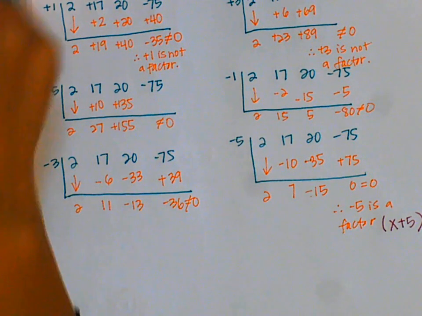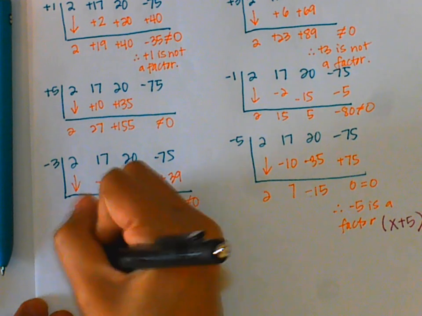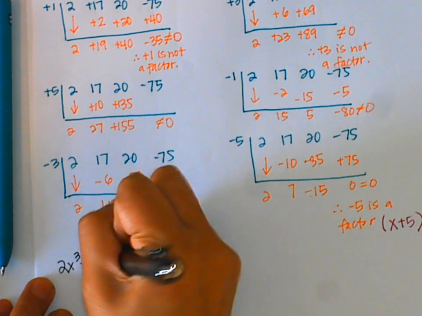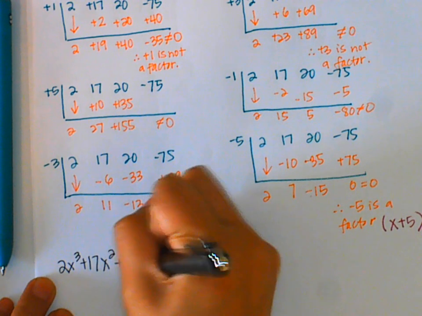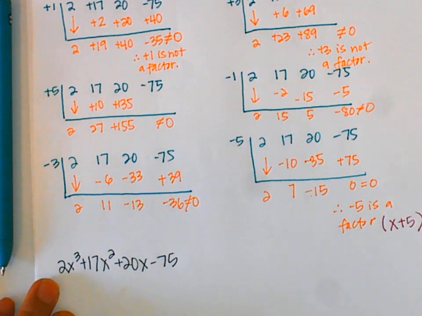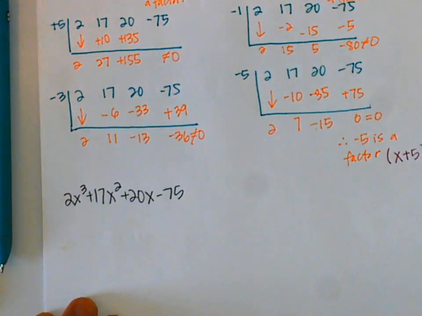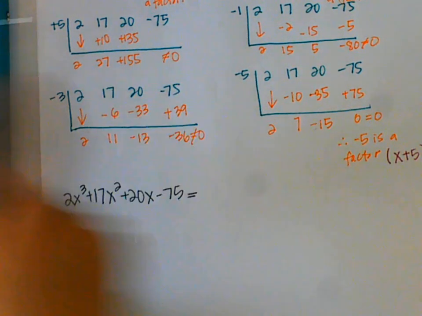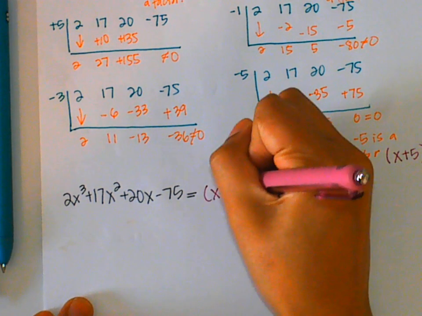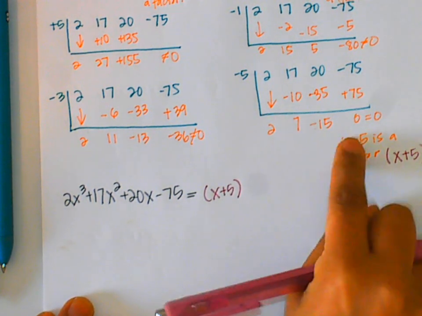So if I bring down my original equation, which is 2x cubed plus 17x squared plus 20x minus 75, I can rewrite this as this x plus 5 times what I got here.